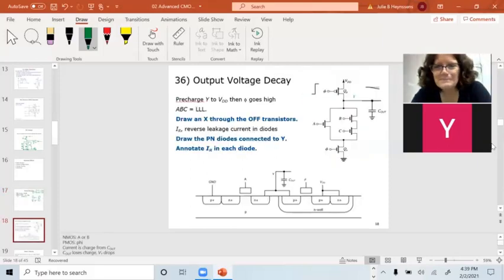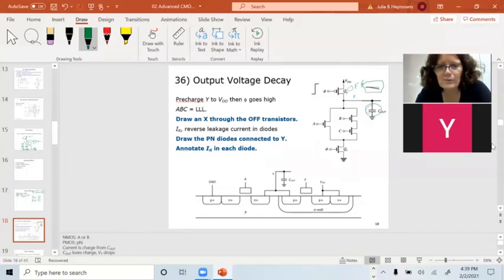Okay. So we talked about the output voltage decay a little bit, because when this signal goes high and this transistor turns off, if I don't have a path to ground, the charge stored on that capacitor is going to go into leakage currents, and it's going to dissipate with time, and it slowly decays.